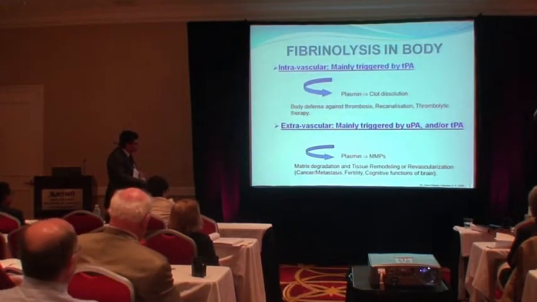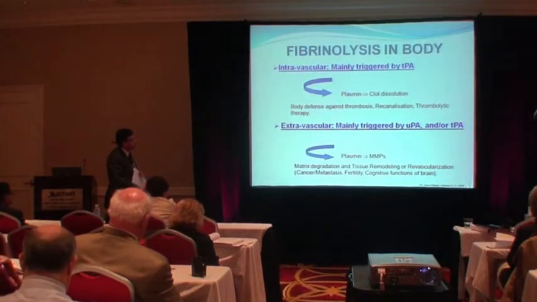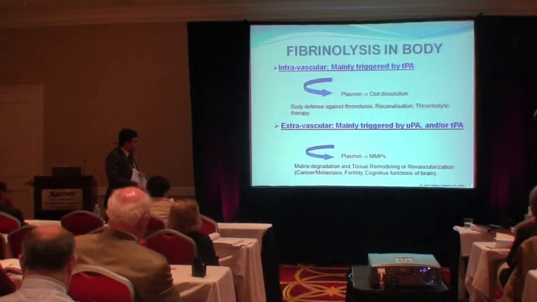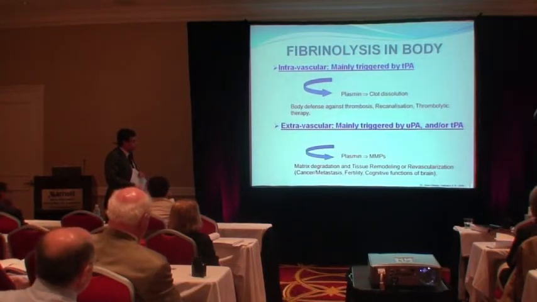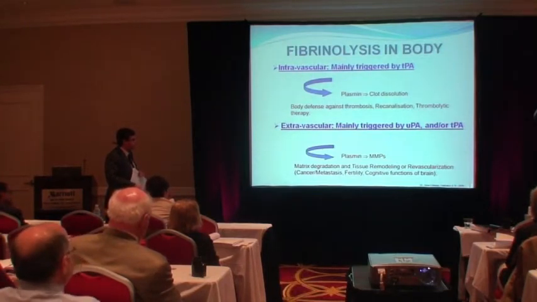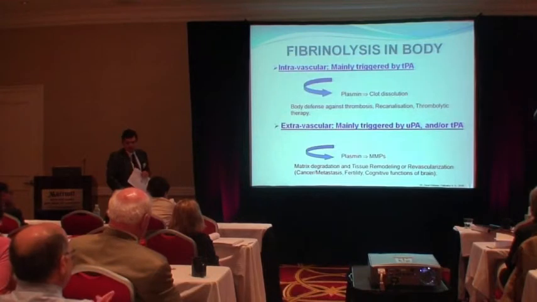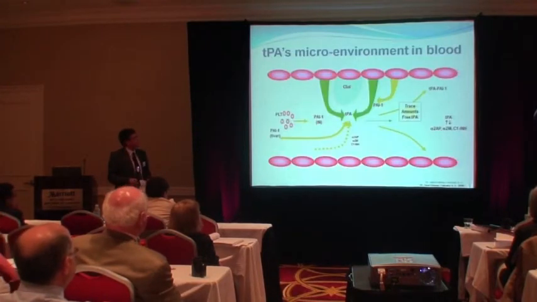And this also contributes to generate plasmin, and the major role then is to activate the matrix metalloproteinase pathway, which is able to degrade matrix, and is involved in matrix degradation, tissue remodeling, or also revascularization, with its major function, as I mentioned already, in cancer, fertility, and cognitive functions of the brain.